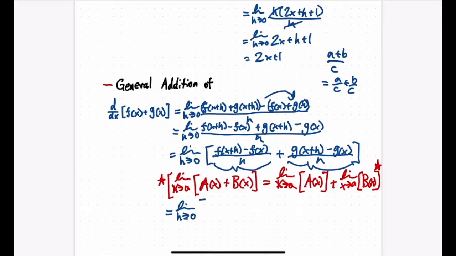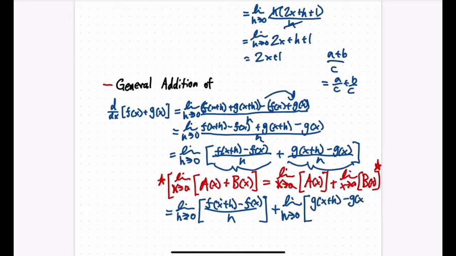So we have then that the limit as h approaches 0 of f of x plus h minus f of x all over h plus the limit as h approaches 0 of g of x plus h minus g of x all over h. And these two are equivalent statements. That's what this limit law in red says.